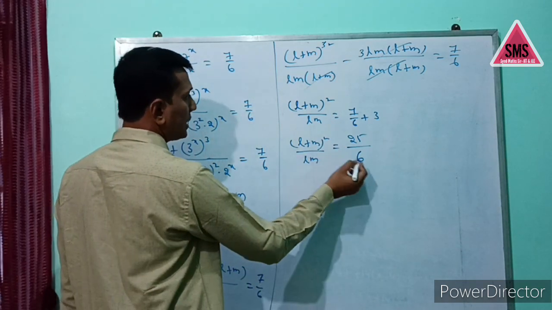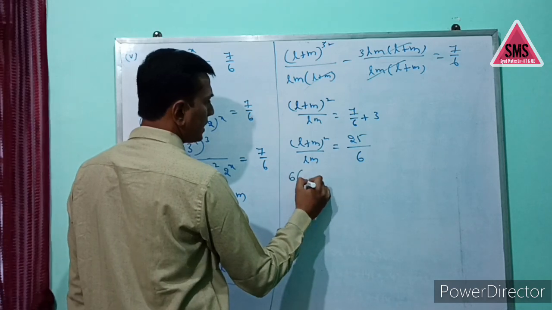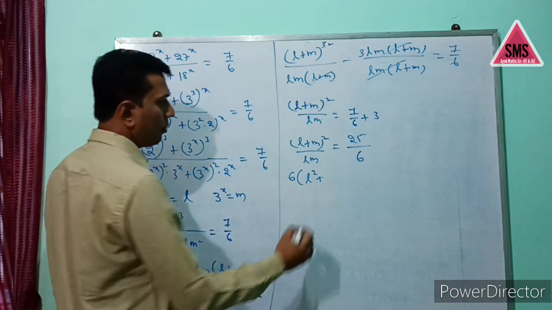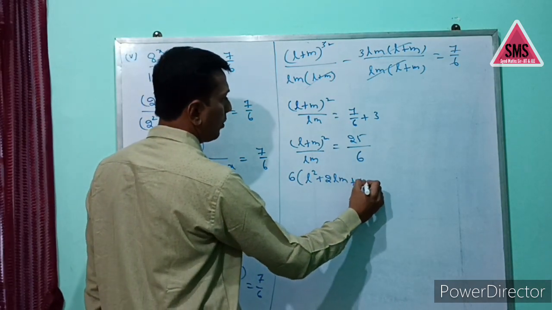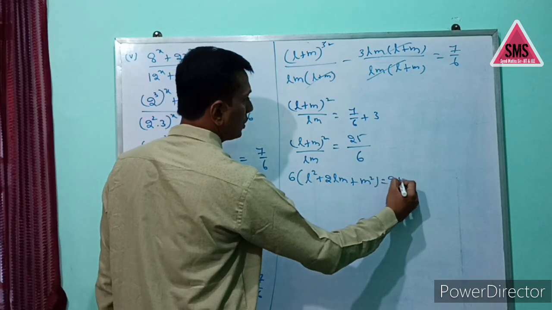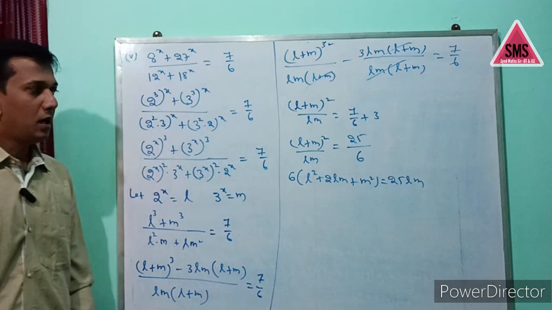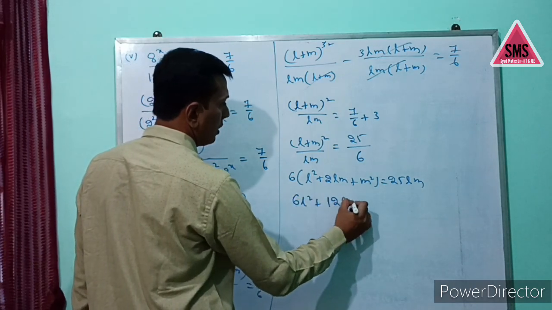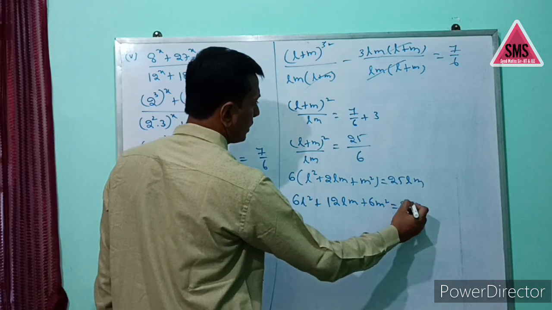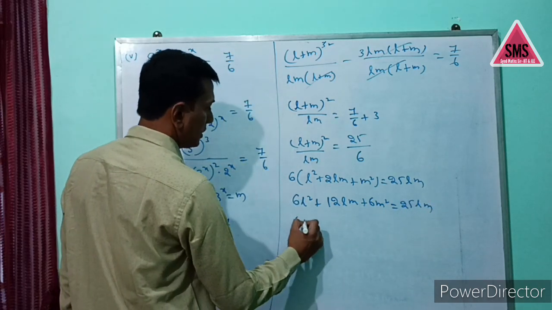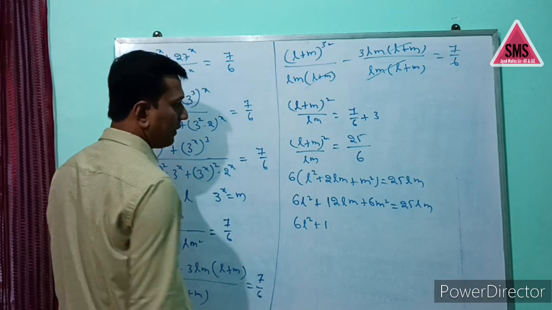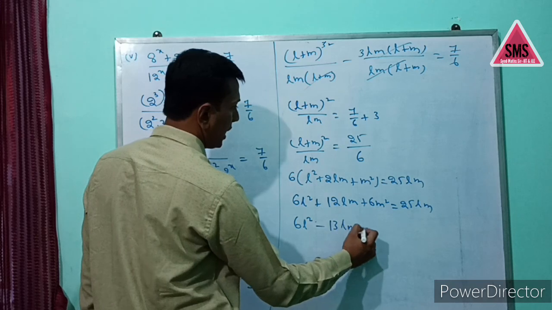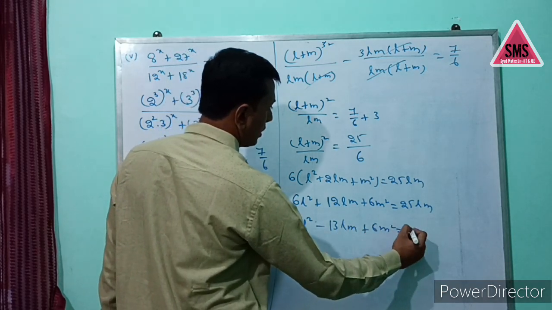Now on cross multiplication, you will get 6 into the expansion, a square plus 2ab plus b square, equals 25 LM. Now multiply: 6L square plus 12LM plus 6M square equals 25 LM. When you transpose, 12 minus 25 becomes minus 13, so 6L square minus 13LM plus 6M square is equal to 0.